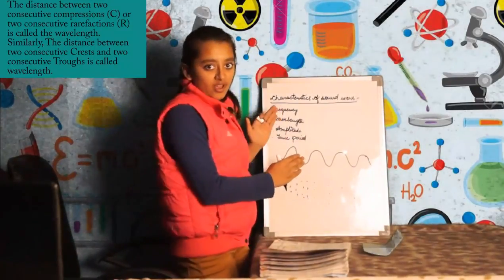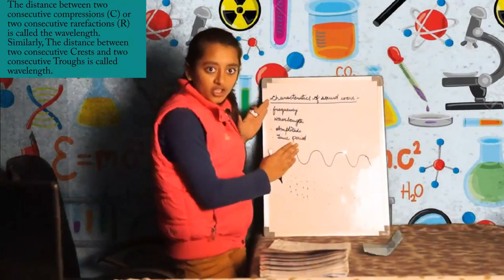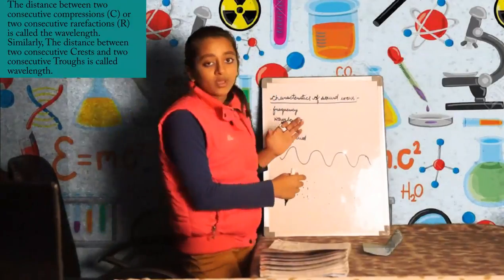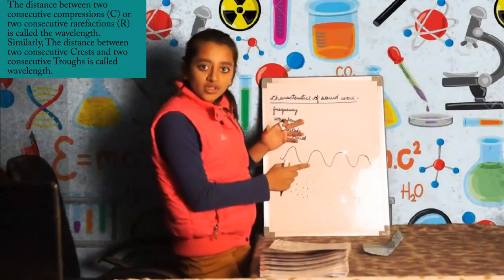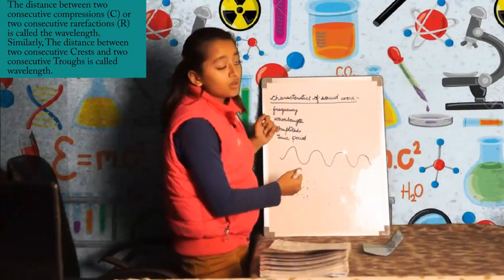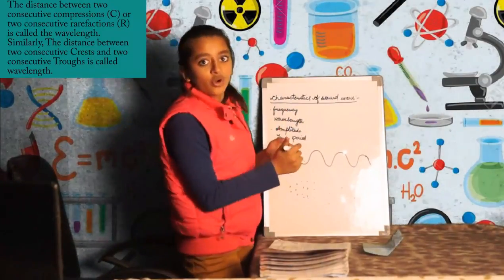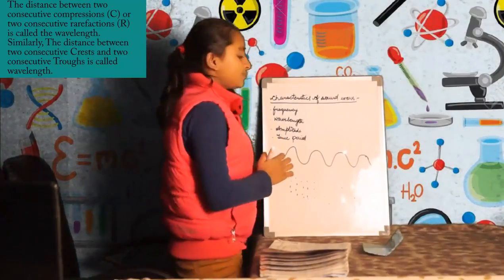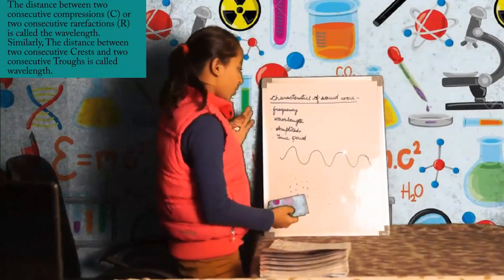So the definition for wavelength would be the distance between two consecutive troughs or crests, or distance between two consecutive compressions or rarefactions. So I hope you have understood what is wavelength.